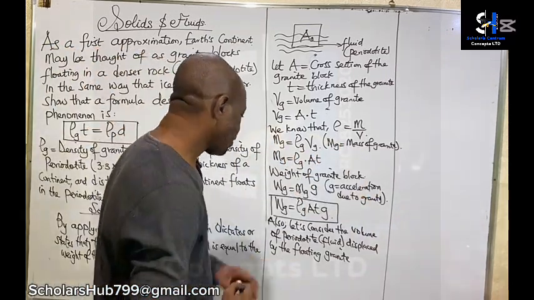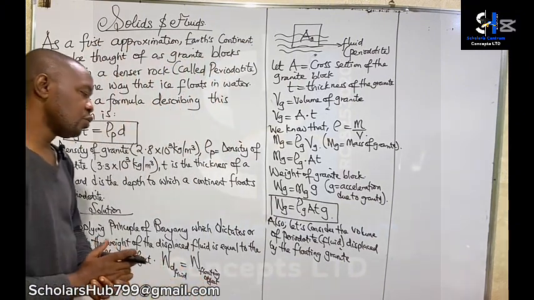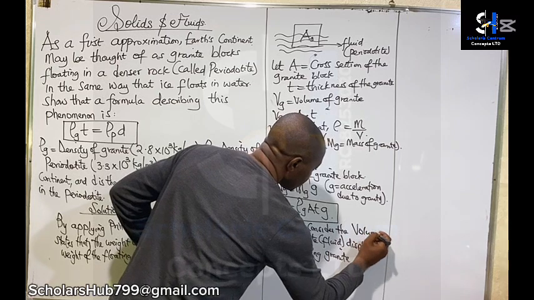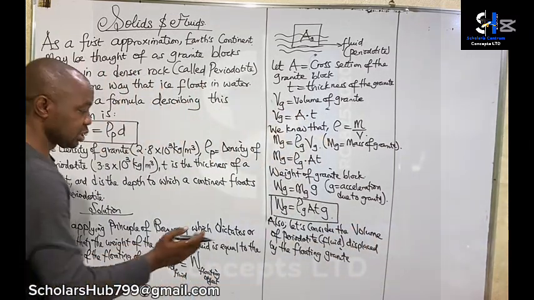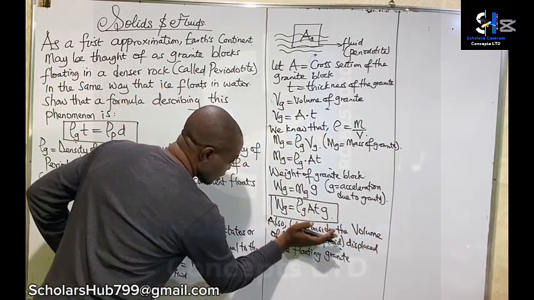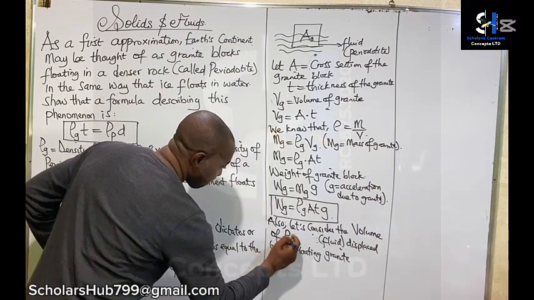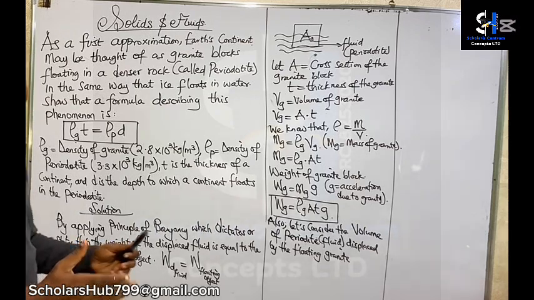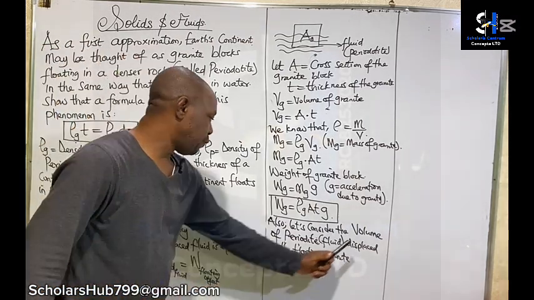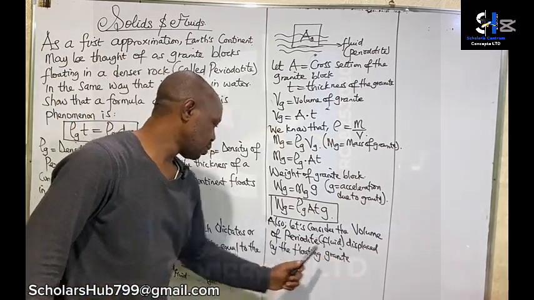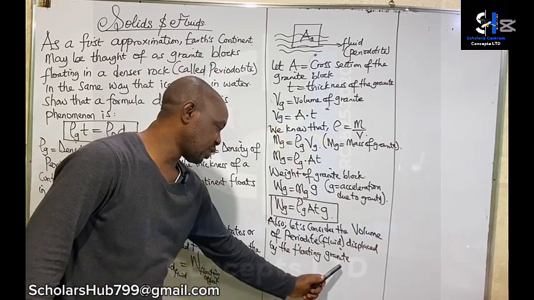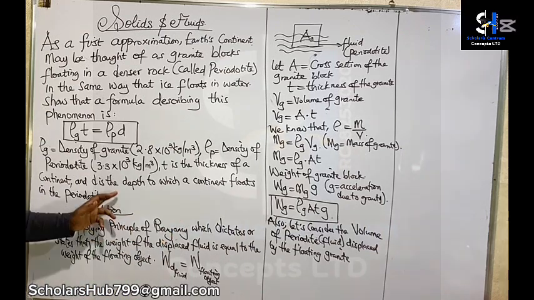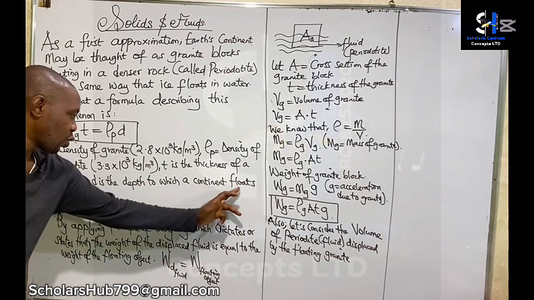All right, so now, let's consider the volume of peridotite, which is a fluid, displaced. So we have the volume of fluid displaced by the floating granite, and also the depth. You can see we have here, D is the depth to which a continent floats.